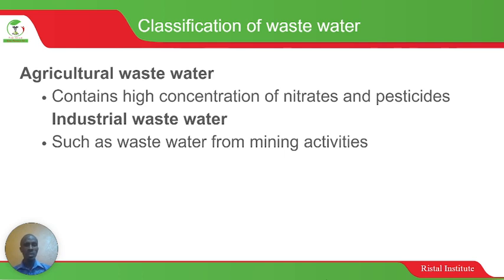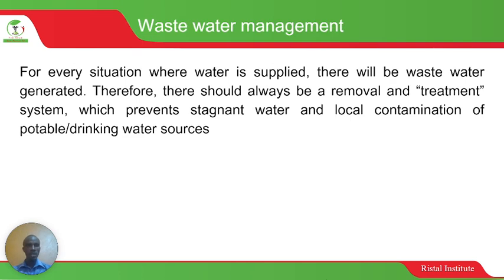For example, in mining activities, they tend to use water for cleaning, so whenever it is disposed of, it will be industrial wastewater. And you can also acknowledge that this industrial wastewater will be having heavy metals and other hazardous chemicals. So how do we then manage this wastewater?